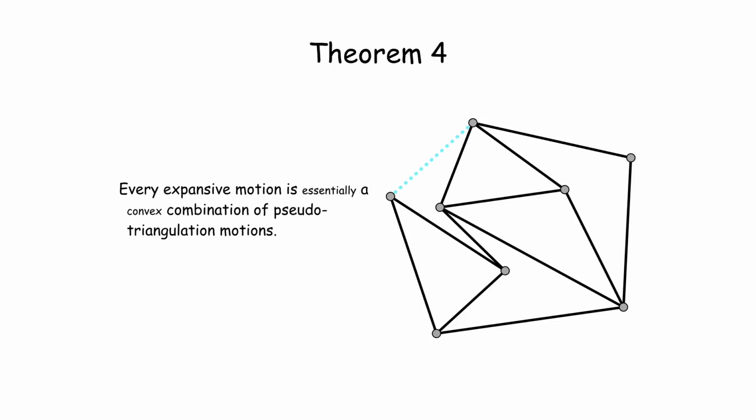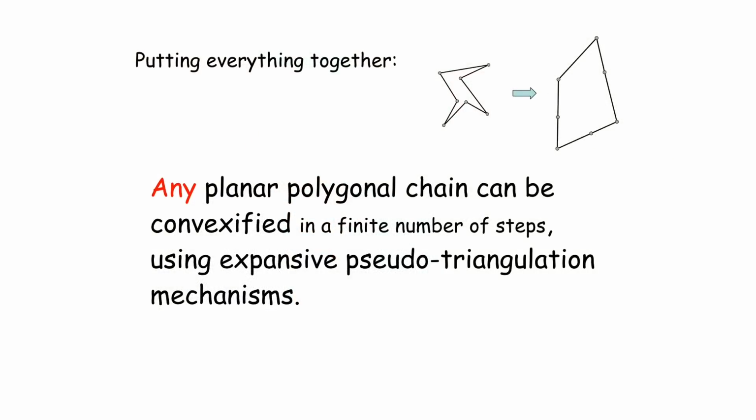And not only that, if now you want to do any motion that is expansive, in fact, it's a convex combination of such structures. So if you understand this structure, you can describe any possibility in what is called mathematically a convex combination of the original ones.